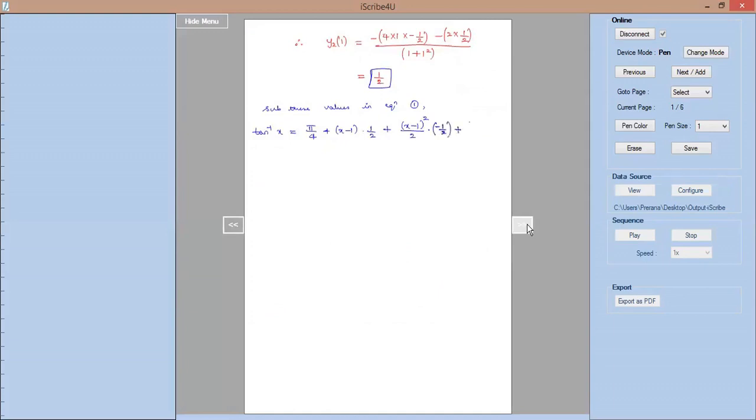And again the last term x minus 1 whole cube divided by 3 factorial, which is 6, into 1 by 2.